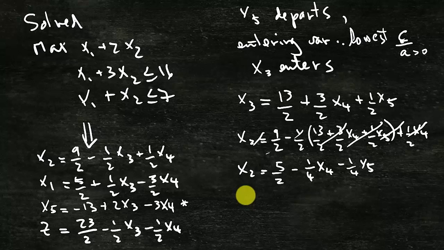And then we have x1 is equal to 5/2 plus 1/2 x3, and that's where we substitute.